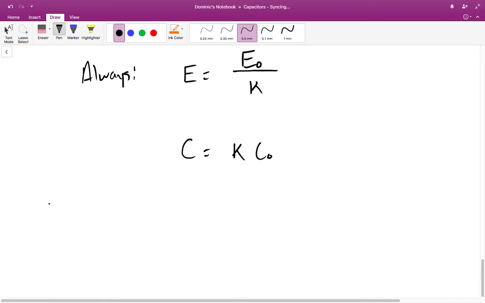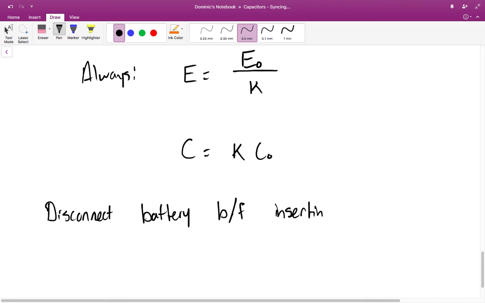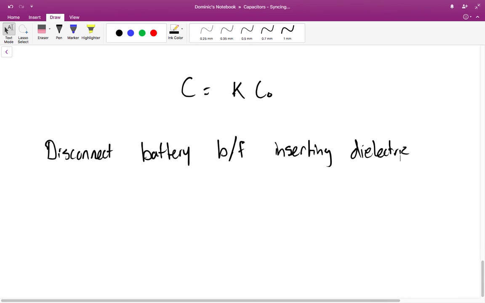If we disconnect the battery after we have charged the capacitor, but before we insert the dielectric, then we're not going to change the charge.